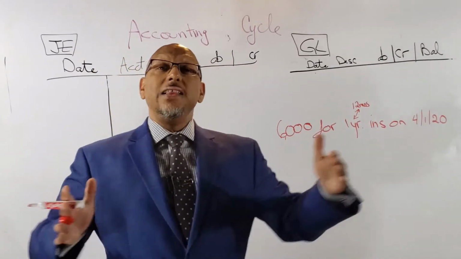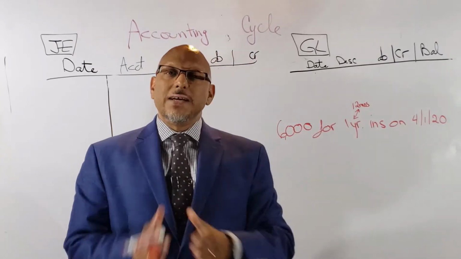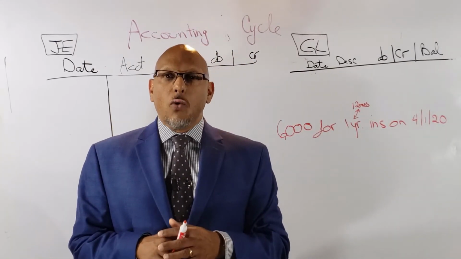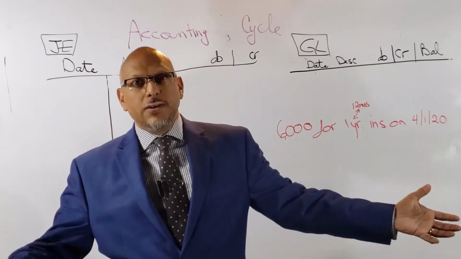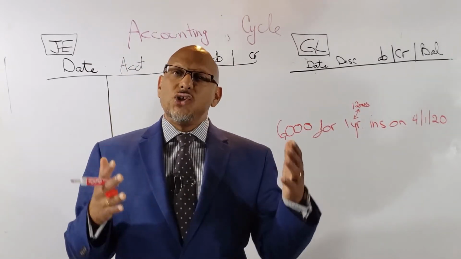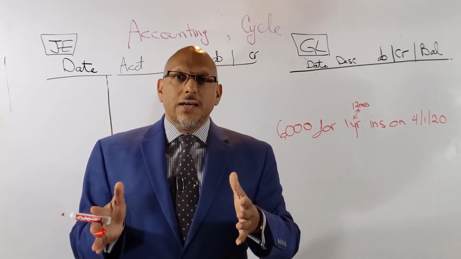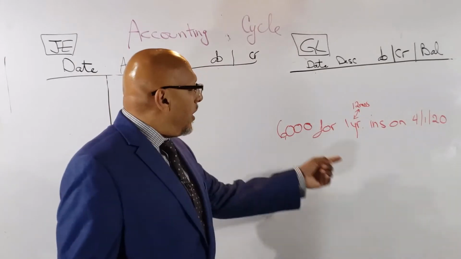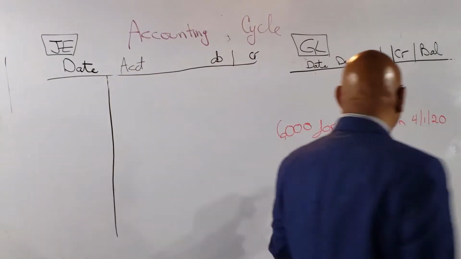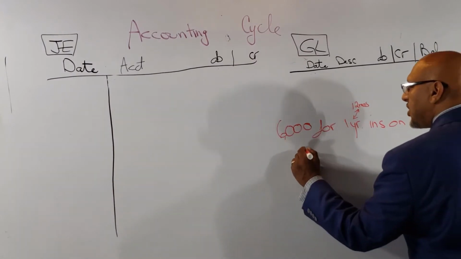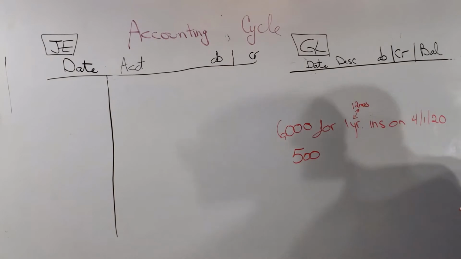So we can't say that we have 12 months of insurance at the end of April because we have exhausted the use of 1 month. We've exhausted 1 month of protection. It's over. We don't need to be protected anymore. So we need to show that the prepaid insurance is exhausted by 1 month. If we divide this by 12, it is $500.